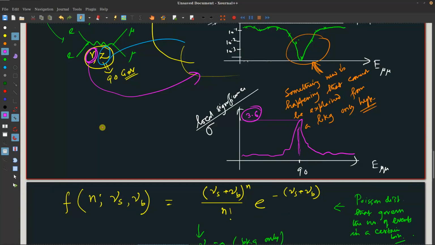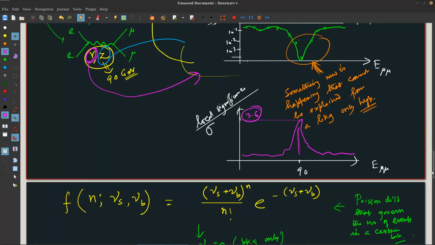That's a different thing: which hypothesis fits this better? But at least I am making this claim that if I am subscribing to the photon only hypothesis, the data does not agree very well with that hypothesis, and p-value or local significance are a good way to test whether a certain hypothesis is true or not.